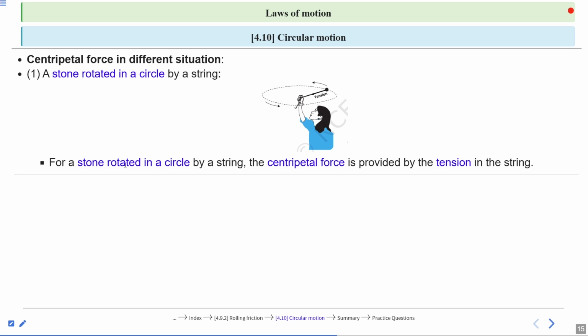For a stone rotated in a circle by a string, the centripetal force is provided by the tension in the string. We know centripetal force always acts towards the center.